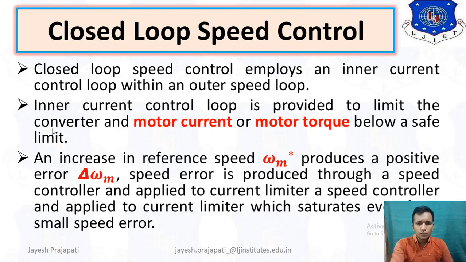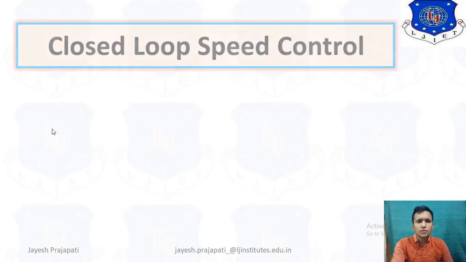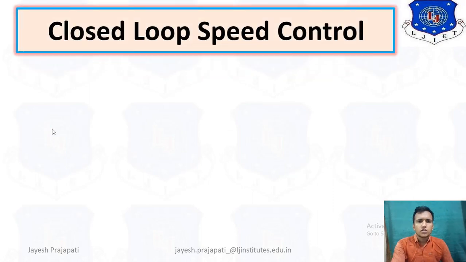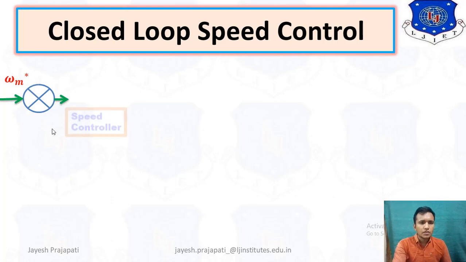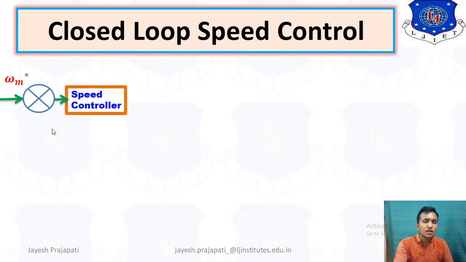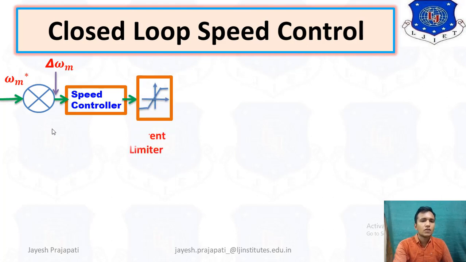Now in the closed loop system you can see in the speed control system, first we give the reference speed omega star, then the summing point, then it is given to the speed controller. Then there is some error delta omega m, which is given to the current limiter, the one that can limit the currents.